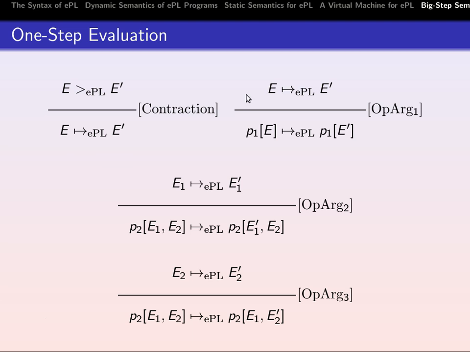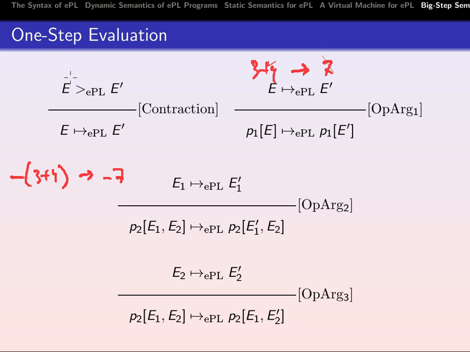And then if I have a one-step evaluation, then a unary operator applied to the left-hand side can be transformed into that unary operator applied to the right-hand side. Okay? So, for instance, minus (3 plus 4) can become minus 7. Why is that? Because 3 plus 4 can go to 7.